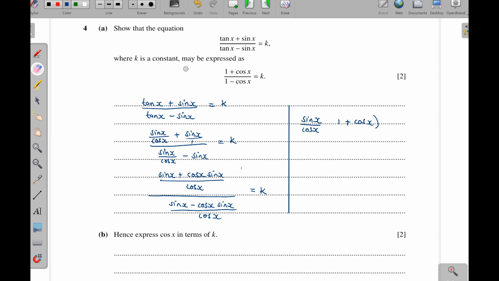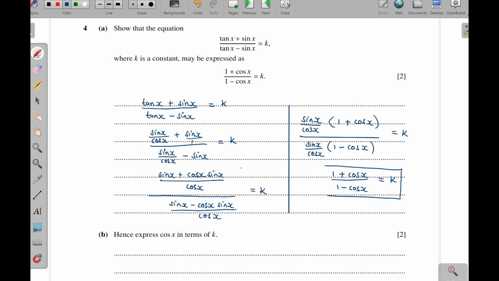The same thing I'm going to do down here: sine x out, and inside I will have 1 minus cosine x. And this is equal to k. Do you see that this one is cancelling with that? So this simply implies that we shall have 1 plus cosine x divided by 1 minus cosine x, and that will be our k. And this is exactly what they have told us to find here.